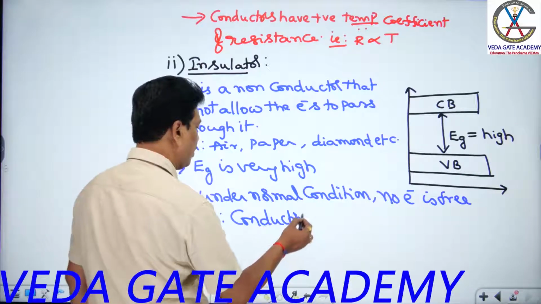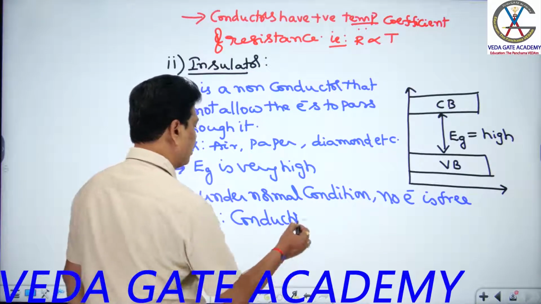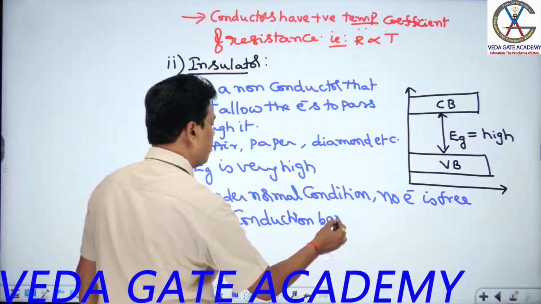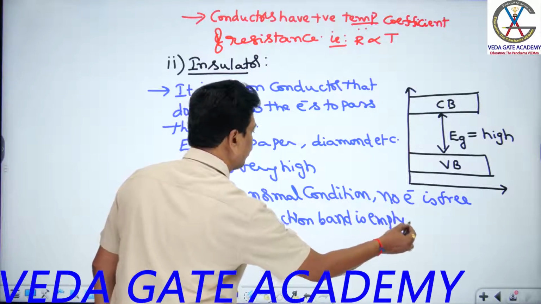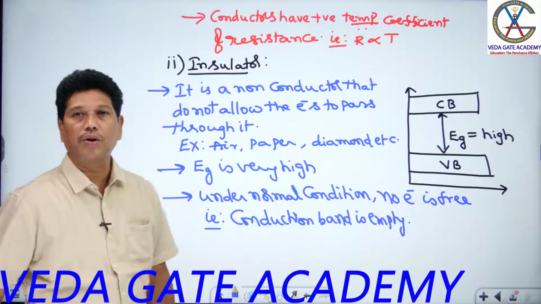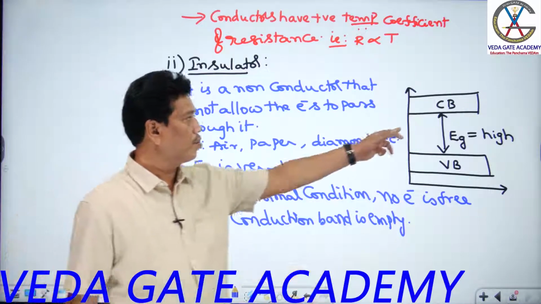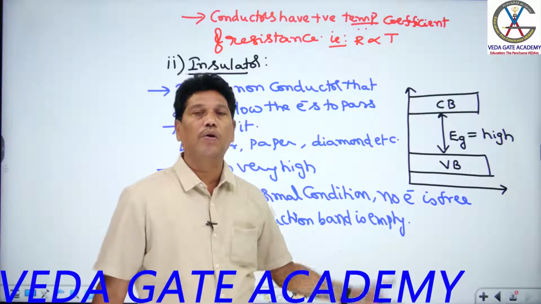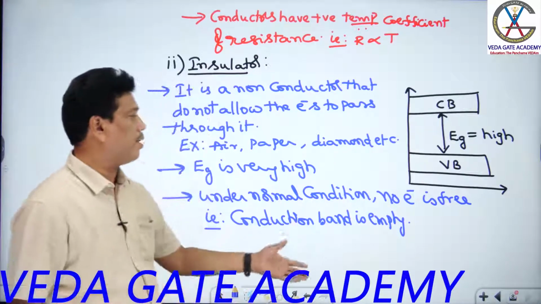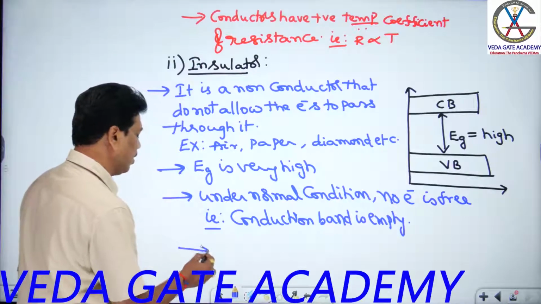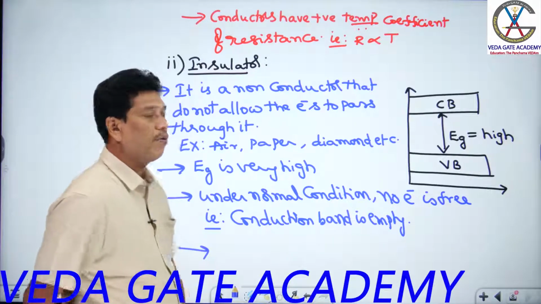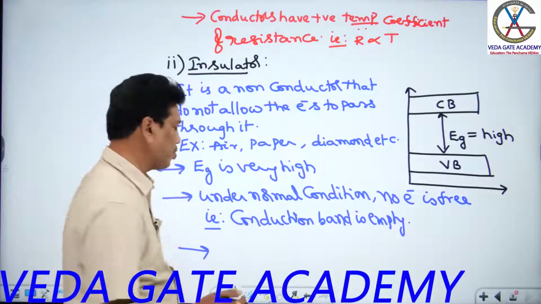Conduction band is empty means there is no current mechanism, none of the conductivity is there. And I told you, sir, it can have a negative temperature coefficient of resistance.